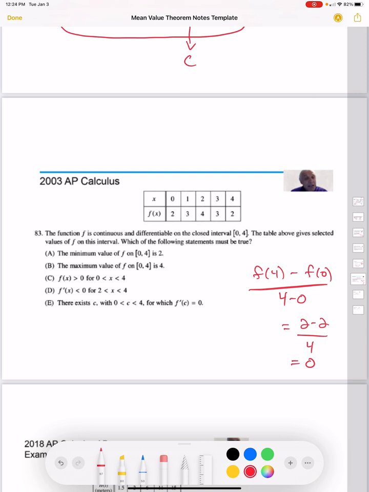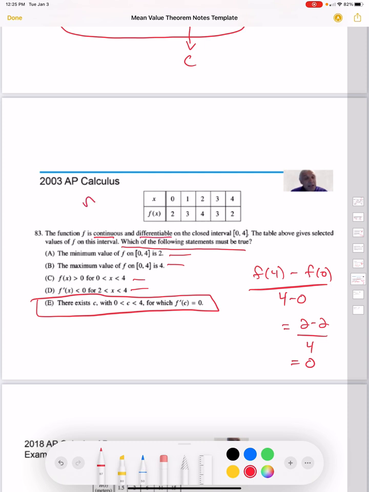But the problem, which of the following statements must be true? Well, there's not enough information for this one, this one, this one, or this one. The only thing we know is this one right here, because they did tell me that it was both continuous and differentiable.